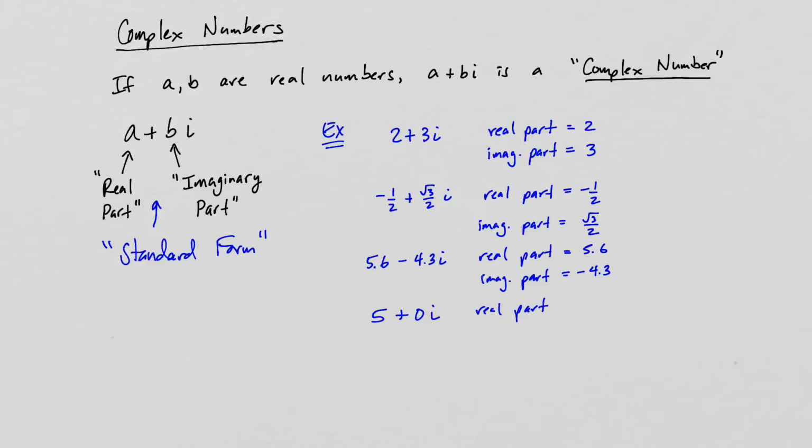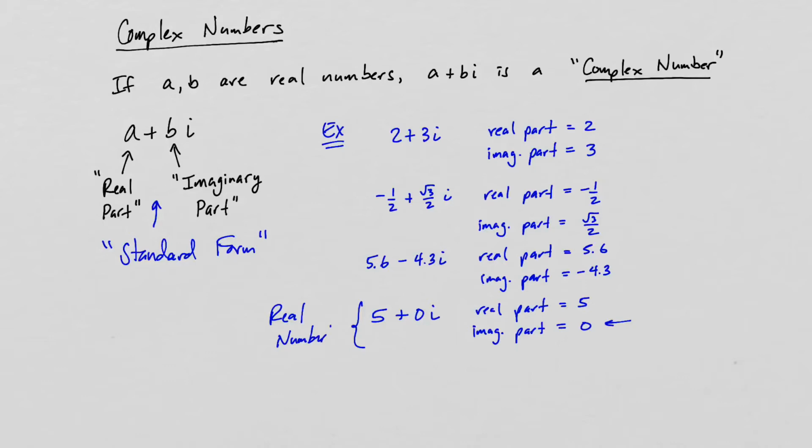The real part of this complex number is 5, and the imaginary part is 0. And anytime the imaginary part is 0, this number is always going to be a real number.